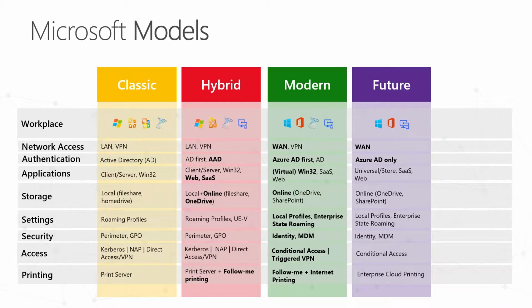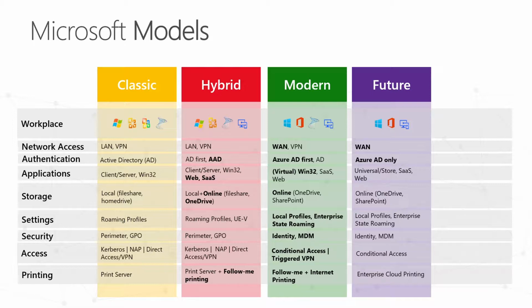So let's take a moment to review the current and future strategy of Microsoft management. In the classical model is the traditional on-premise infrastructure management. In the context of device management, this is on-premise Active Directory, Configuration Manager or SCCM, and associated group policy management. Hybrid introduces Windows Intune and cloud-based device management capabilities, connected with on-premise Config Manager, which Microsoft commonly refers to as co-management.